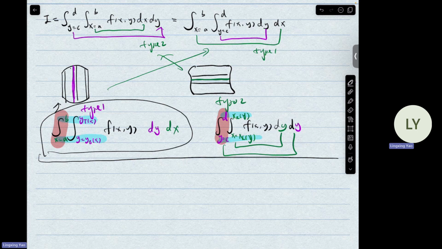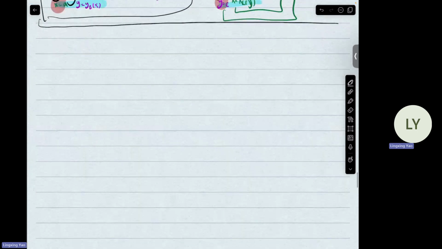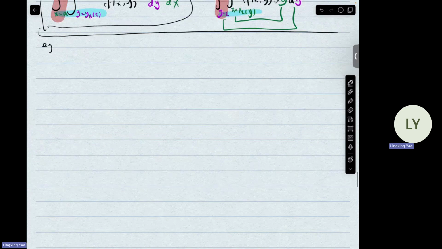Okay, so let's practice a little bit. For example, we want to find the integral for the function, well, let's just give the function directly, x plus 2y.